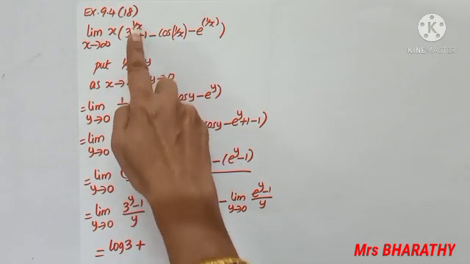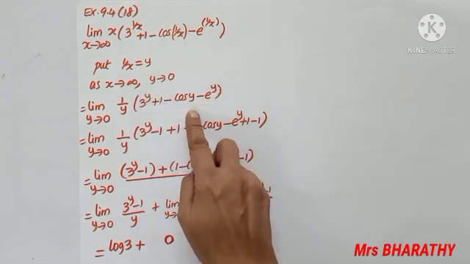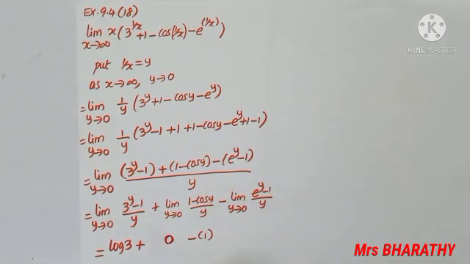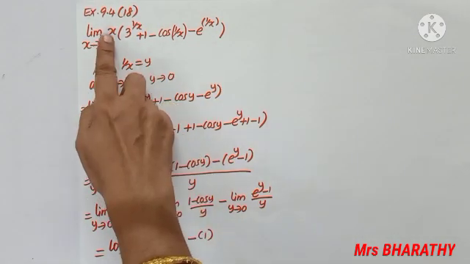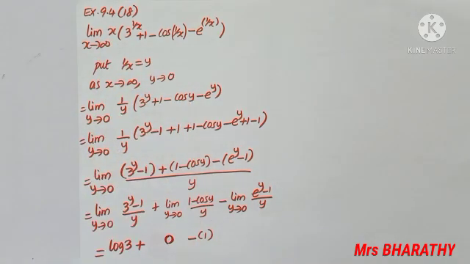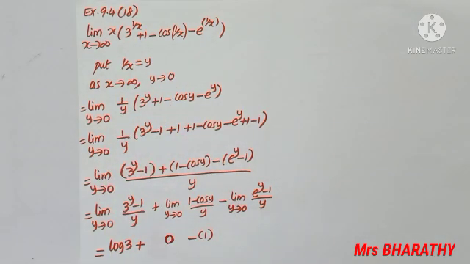So 3 power y, 1 minus cos 1 by x is y minus e power y. Here x is there, 1 by x is y, so x will become 1 by y. As x is tending to infinity, 1 by infinity will become 0. So when x is tending to infinity, y will tend to 0.